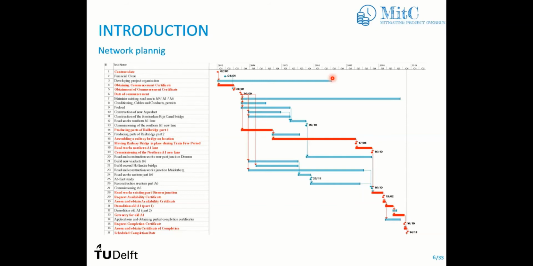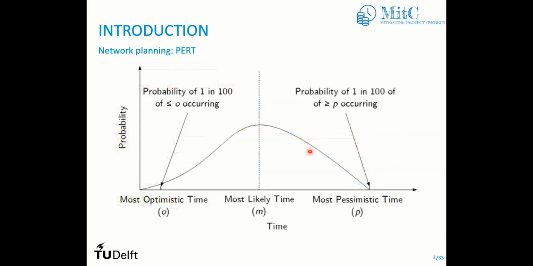That's why we are going to make a shift from the deterministic approach, which I just introduced, to a more probabilistic approach. We are no longer going to refer to the duration of an activity as a constant duration, but a variable duration. Every activity is going to have a distribution function for duration. So instead of assigning a fixed most likely value, you can assign a distribution.